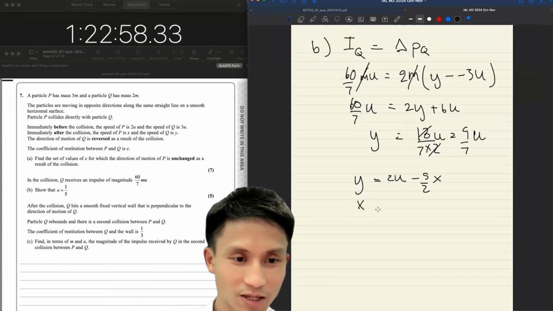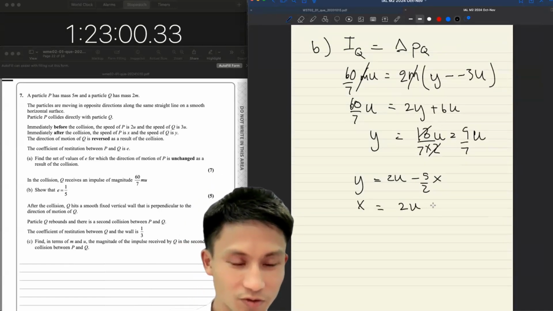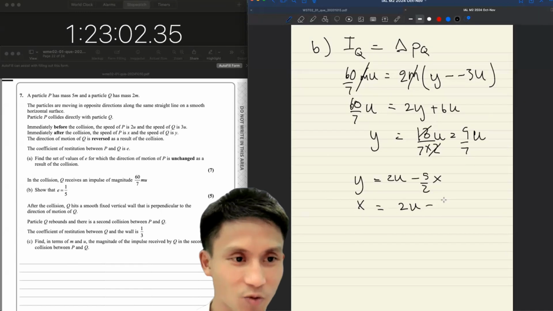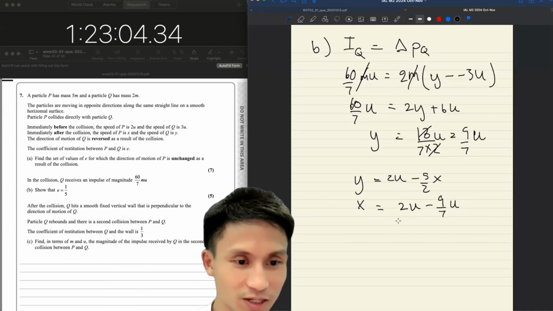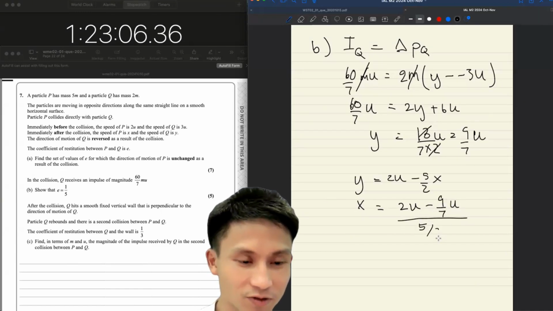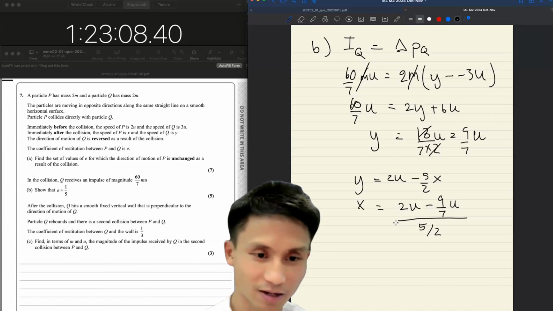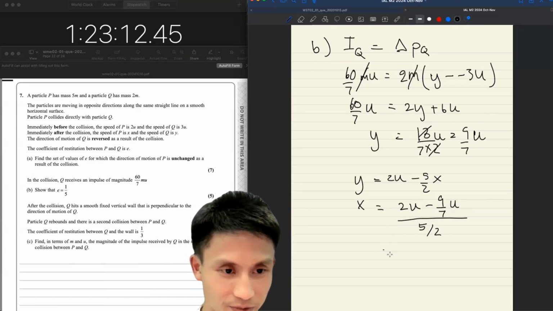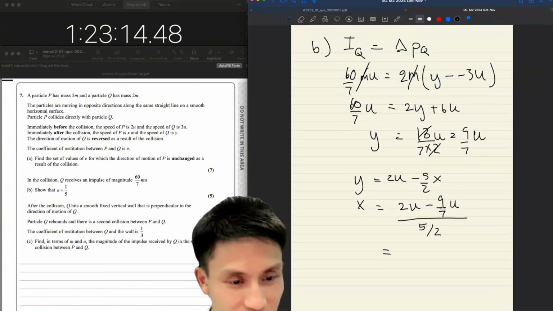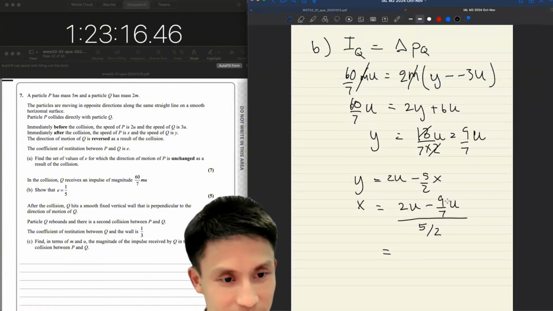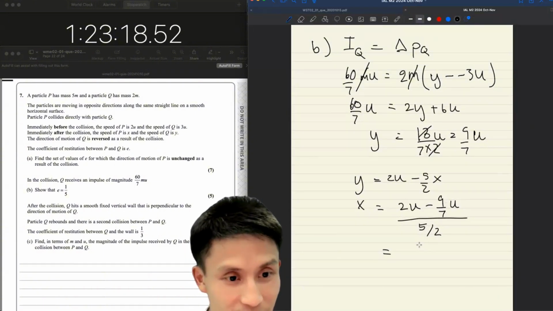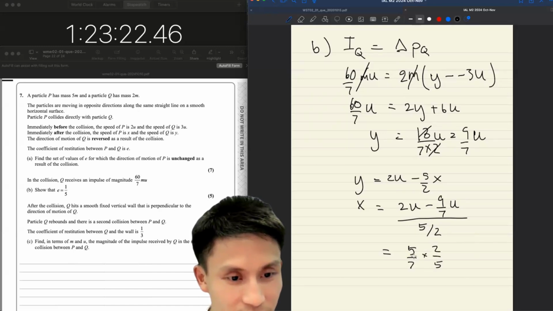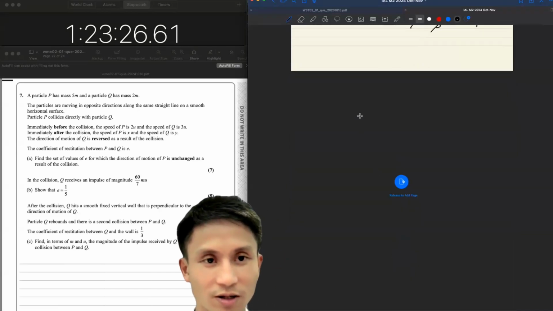So x will be 2u minus y, which is 9 over 7u, divided by 5 over 2. Just rearranging and making x the subject. So I'm going to get in terms of u, but this is 14 minus 9 is 5, 5 over 7 times 2 over 5. Cancel, cancel. So that's 2 over 7u.